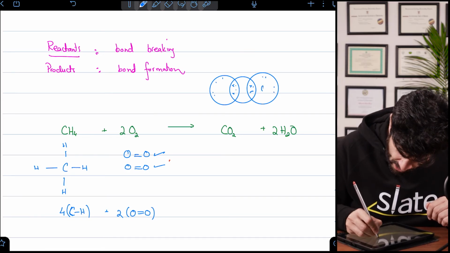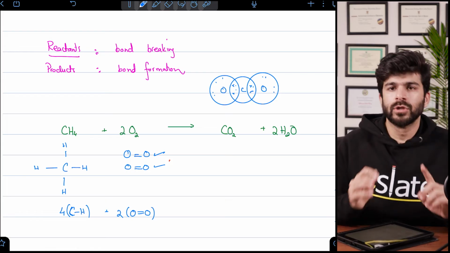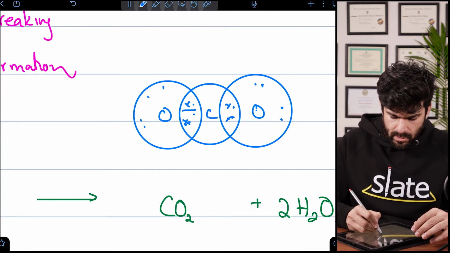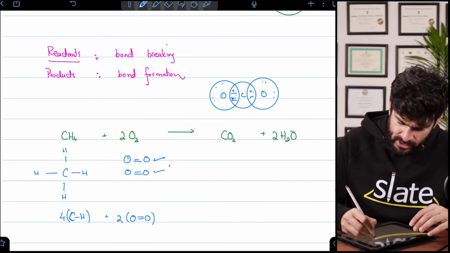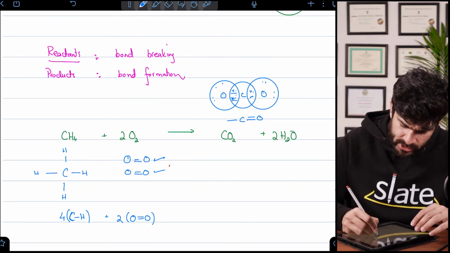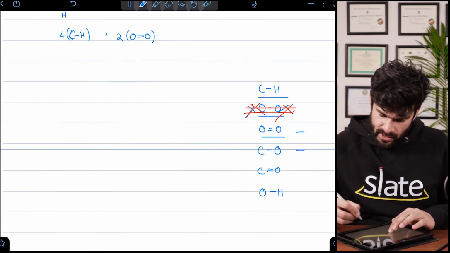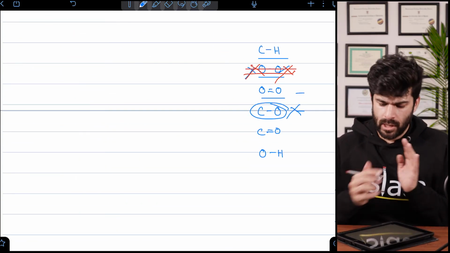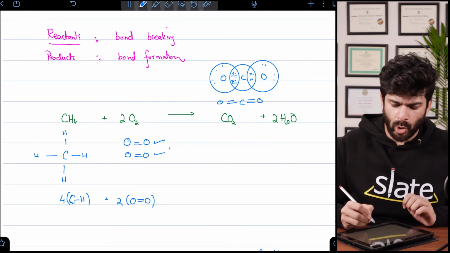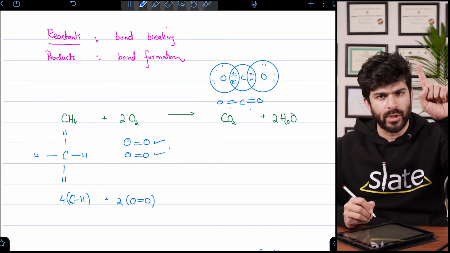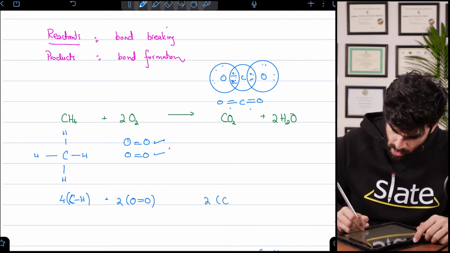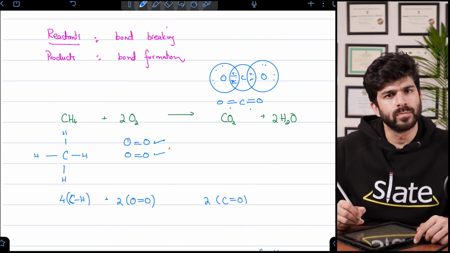So all of them now have 8 electrons. So since there are 2 pairs, carbon and oxygen have a carbon-oxygen double bond. Hence, this carbon-oxygen single bond value is also irrelevant. And now how many carbon-oxygen bonds do we see? 1, 2 in one molecule. So that would be 2 times the carbon-oxygen value.